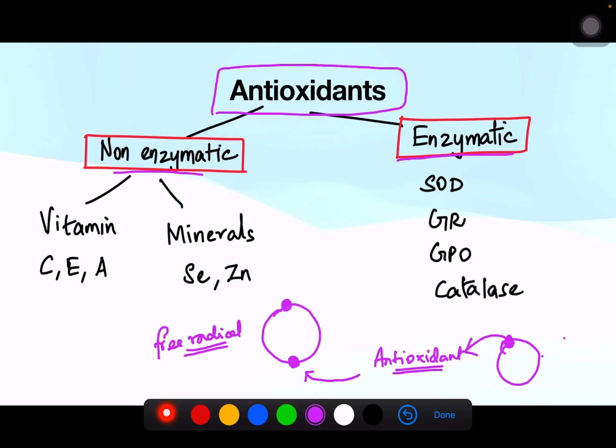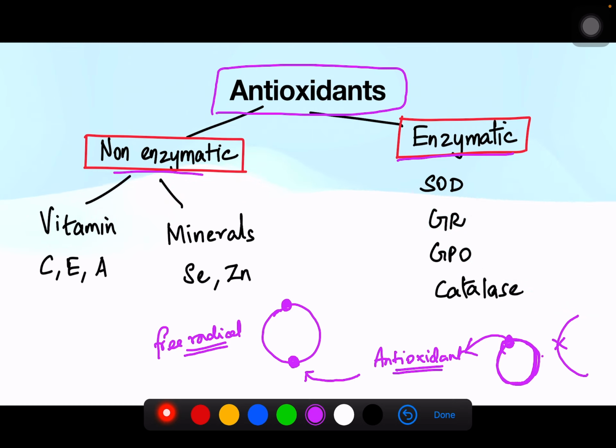Thereby this will not convert into a dangerous free radical. Instead, we can again replenish this antioxidant by other mechanisms. Even if it becomes a radical, it is not damaging. So that is the function of antioxidants.